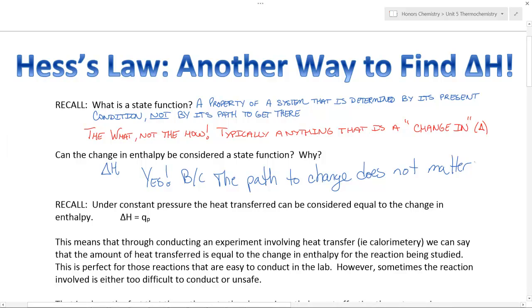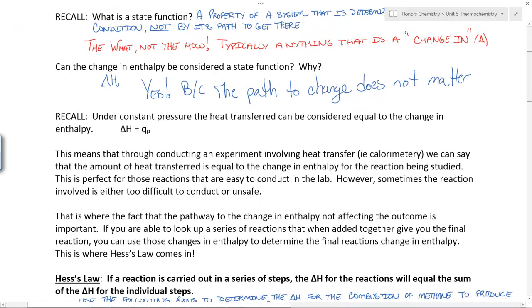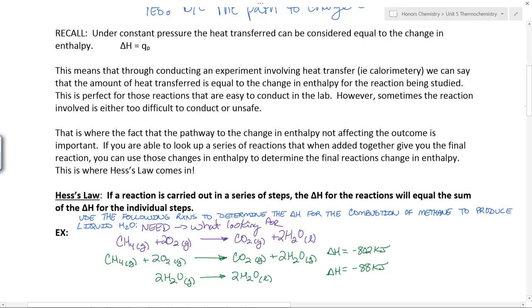Now, the reason why that's significant is because it gives us some options in terms of finding the change in enthalpy. So if you don't really want to actually do the experiment, but you know that the reaction you're looking for has a series of stages that gets you there, so it's a series of reactions that takes you there, if you know the delta H's for each of those individual reactions, you can use those to sum up to come up with the overall delta H of the final reaction you're looking for.